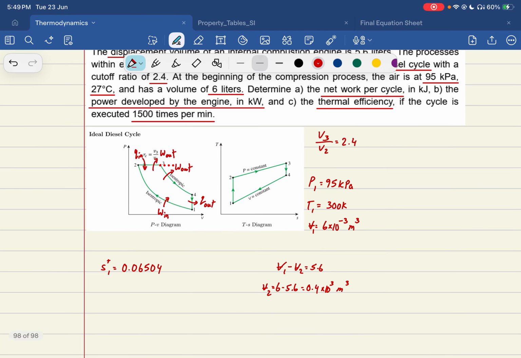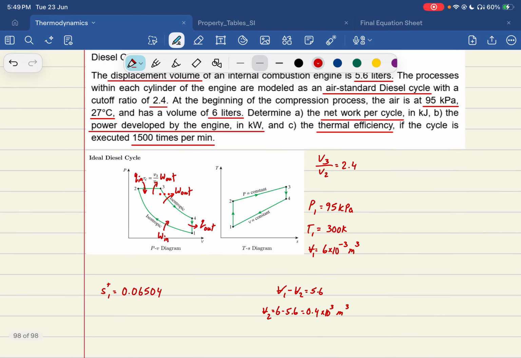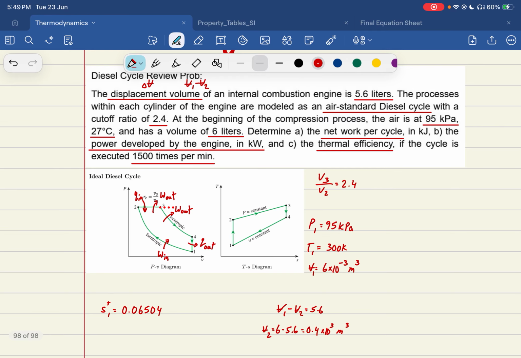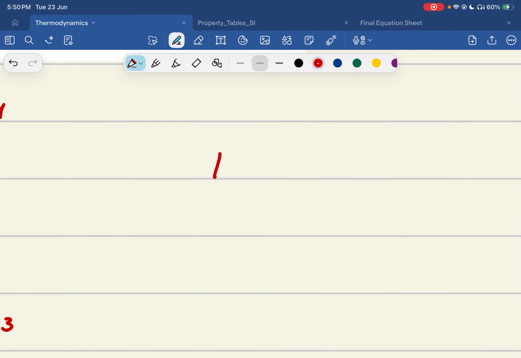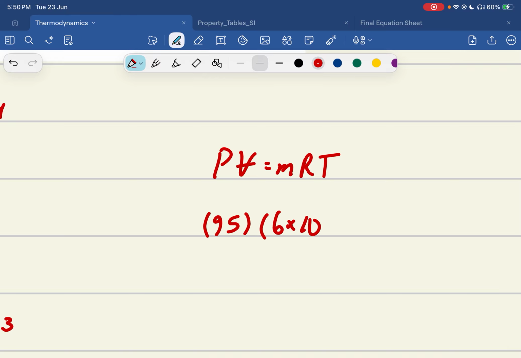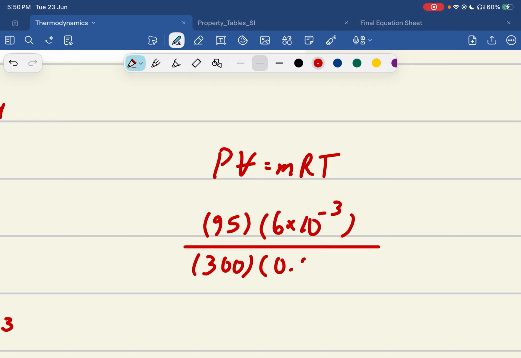We can also find the mass of the whole entire system. Because it's a closed system, we can find the mass by using the ideal gas law. So we can say that PV equals mRT. So it's 95 times 6 times 10 to the negative 3 over 300 Kelvin times 0.287.